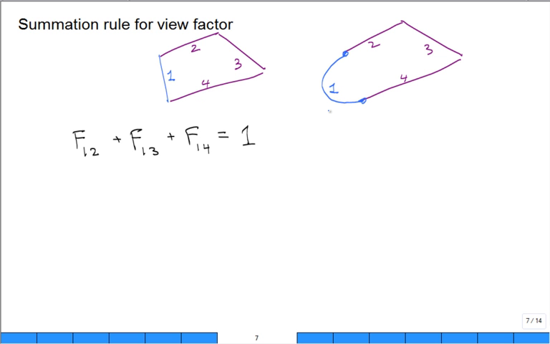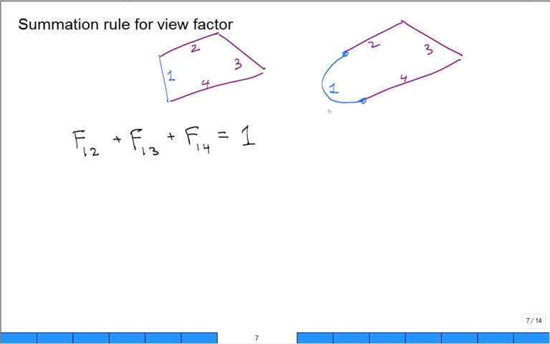What's different now in that system? Surface 1 is, well, how would you describe surface 1? Concave, right? What would be different in the summation rule, thinking about photons that are leaving surface 1? It could leave 1 and hit 1.